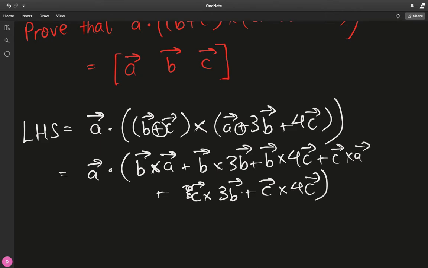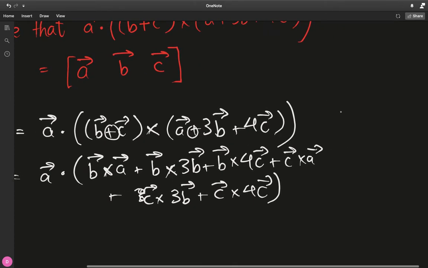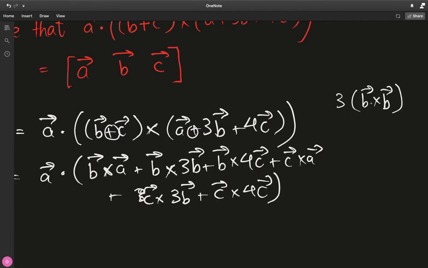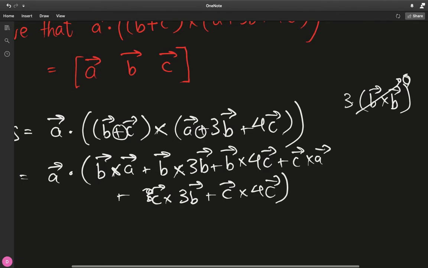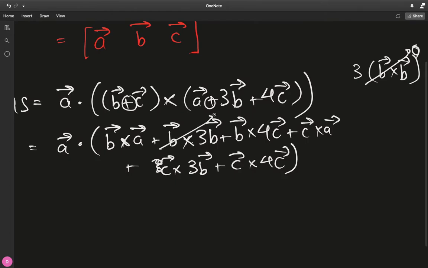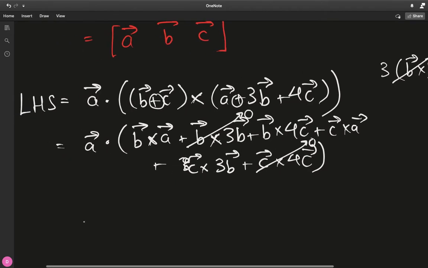And now one great thing that's going on is B vector cross 3B vector. You can pull the 3 outside because it's a scalar, it will be 3 times B vector cross B vector, and any vector crossed with itself will be 0 because it will subtend an angle of 0 degrees and sine of 0 is 0. So this term will go to 0, and using the same argument even this term will go to 0. So we have two terms dropping out.